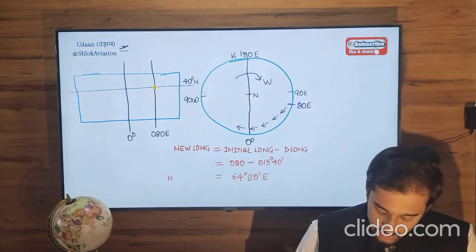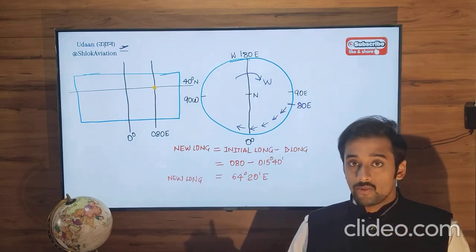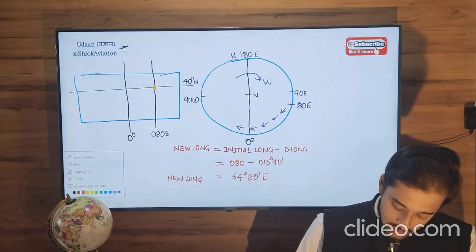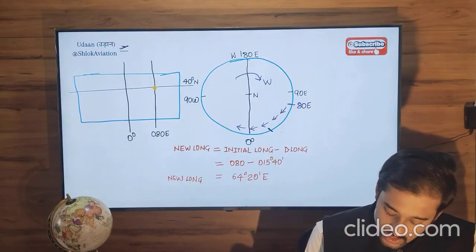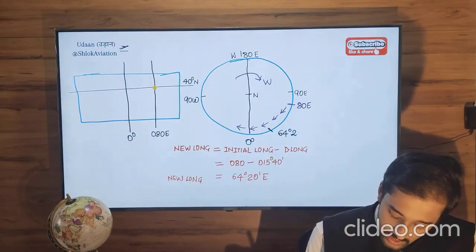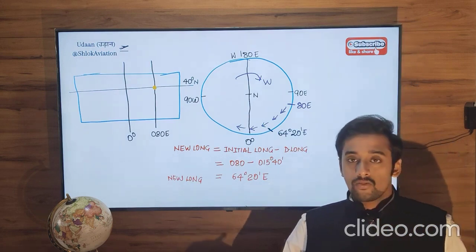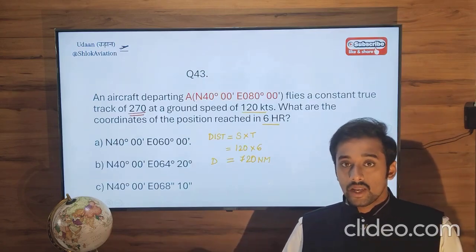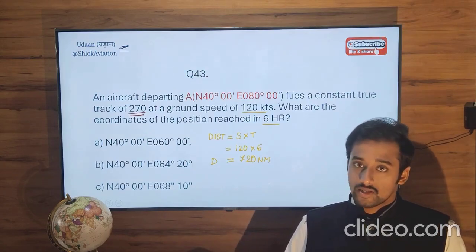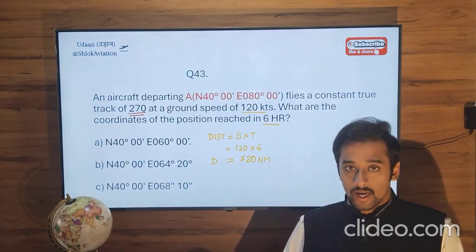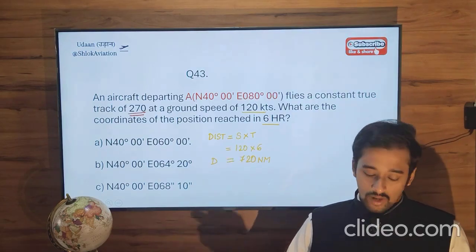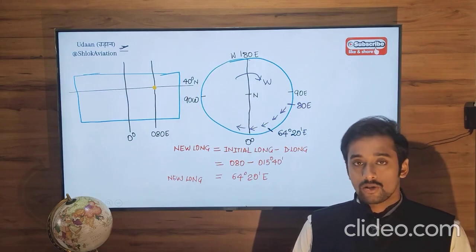So new longitude is 64 degree 20 minutes east. So yeah, somewhere here 64 degree 20 minutes east. Simple. So focus on your initial position, focus on the direction you are flying, then the distance. Now here the distance was not given to you directly, so you calculated using speed into time formula. Use rhumb line distance and get the new longitude.